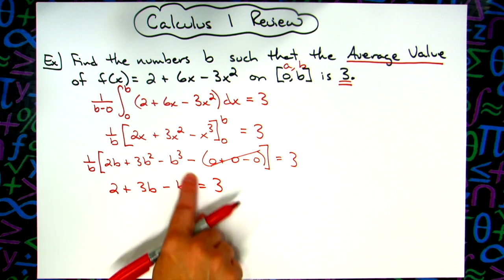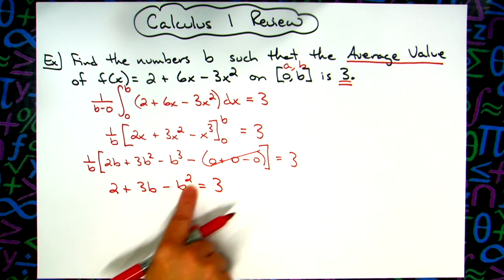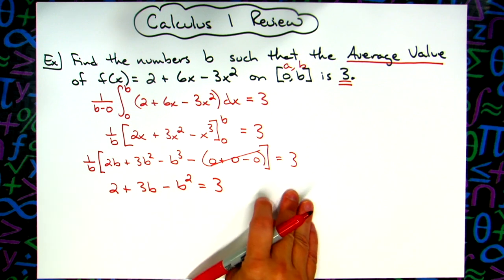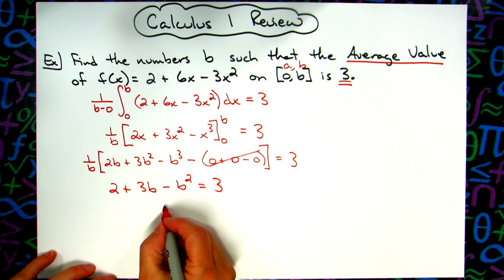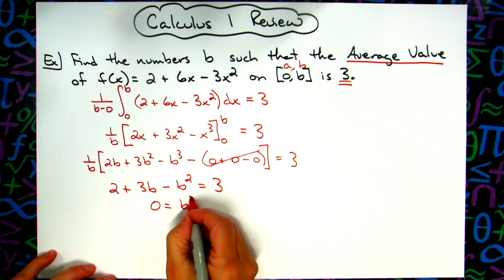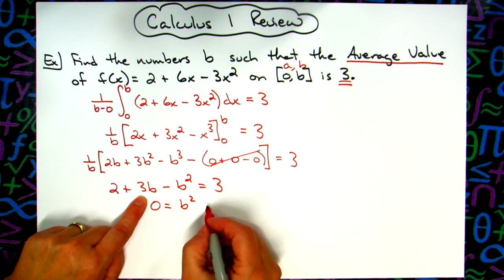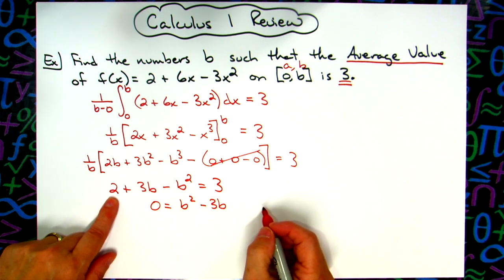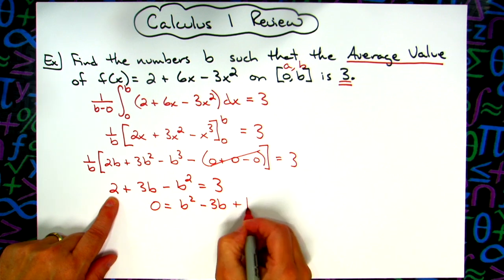So I want my b squared term to be positive. I'm going to take all of these and move them over to the right-hand side of the equation. That's going to leave me with a 0 on the left, and a b squared that is positive. It'll make this term negative when I move it over to the right-hand side. And then when I subtract 2 from both sides of the equation, I'll have a 1.